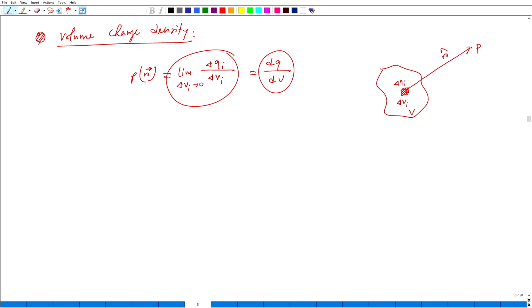So, this is the charge density rho of r. What is the dimension? The dimension of rho is charge per unit volume, so the SI unit is coulomb per meter cube.